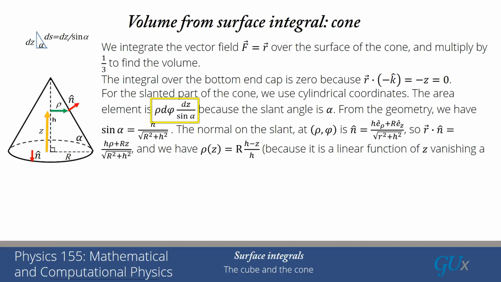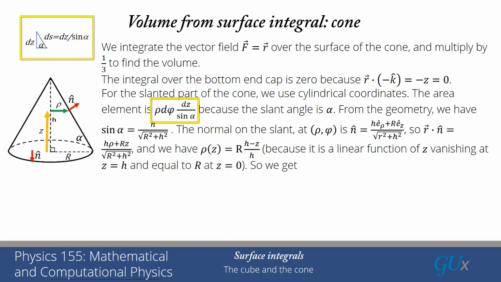And then I have to get that slant height. If you look at the triangle at the top, you can see if I have a dz and I have a slope angle or slant angle of alpha, then the element ds is equal to dz divided by sine alpha. And so if you give me alpha, I can determine what ds is, and that's the other part of the area element that I have to put in.